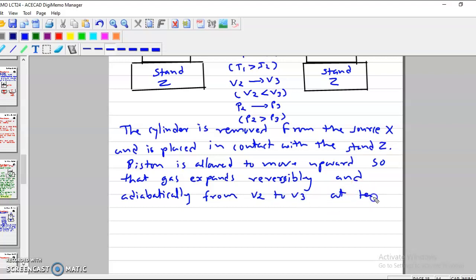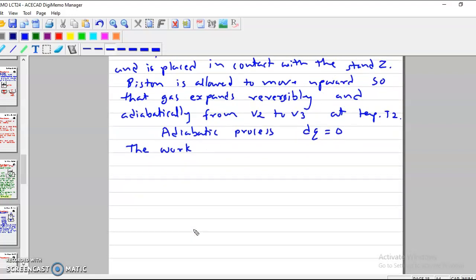at temperature T2. Okay, so as process is adiabatic, for adiabatic process dq is equal to 0 and again expansion takes place, so the work done by the system, therefore W2 will be negative.